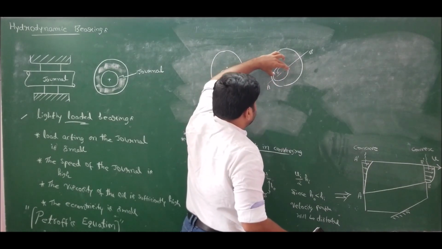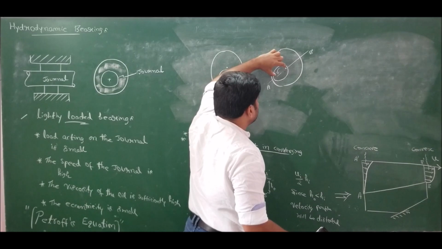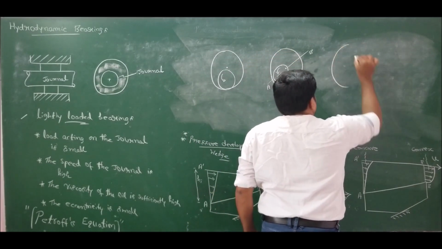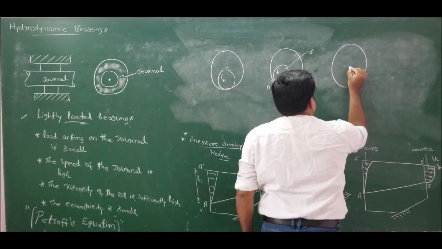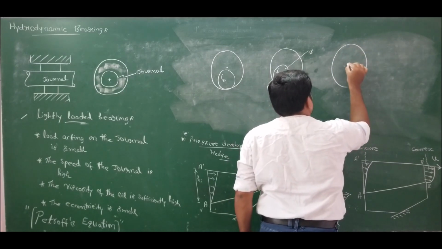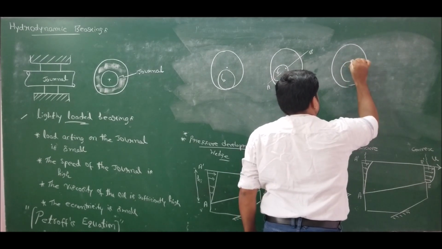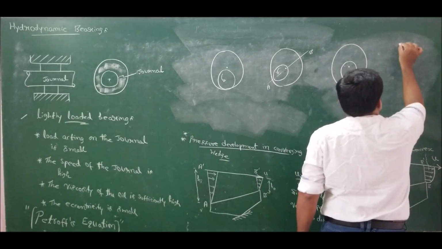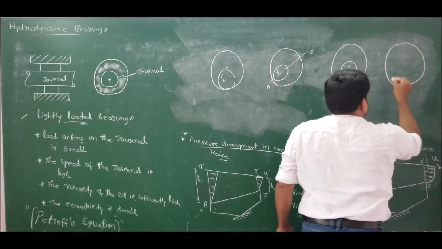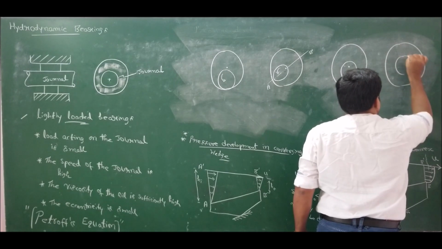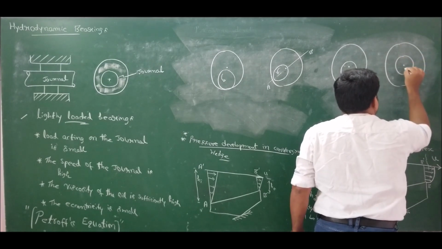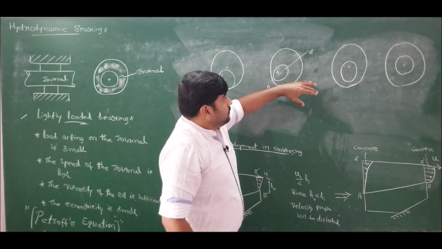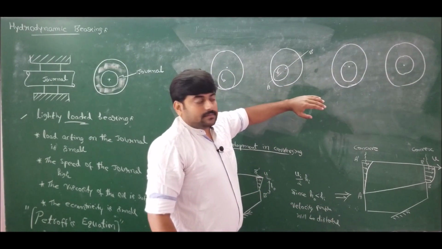Thereby, the pressure development takes place and the journal moves towards the center like this, and finally it will run concentrically with the bearing if it is lightly loaded, and the speed of the journal is very high and the viscosity of the lubricant is very high.